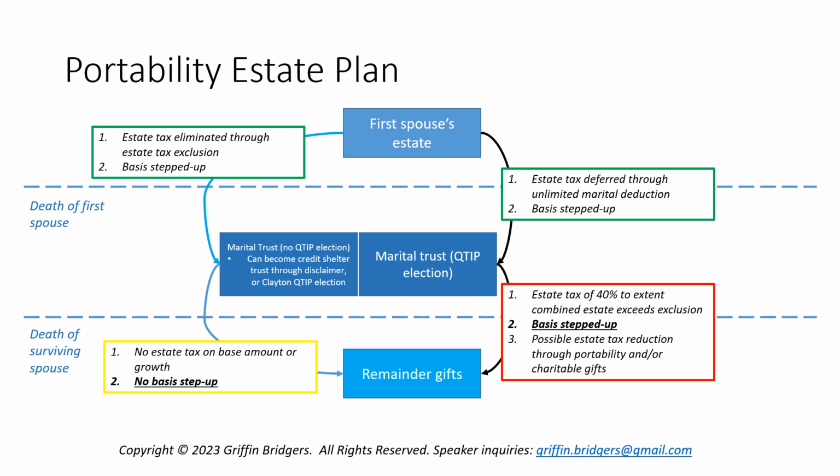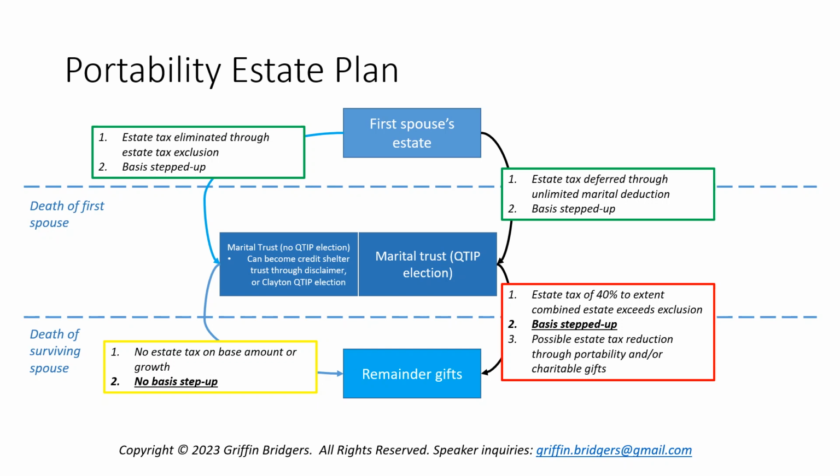So in this case, using portability as a feature of the plan and not just simply an option gives us the ability to combine, instead of having a separate credit shelter trust and marital trust, one instrument that funds the marital trust in full as an entity, but then passes off the authority to the executor or trustee, and possibly even the spouse, to make elections post-mortem that allow the first spouse's exclusion to be used if it makes sense from an estate tax perspective when compared to the income tax savings, and vice versa.